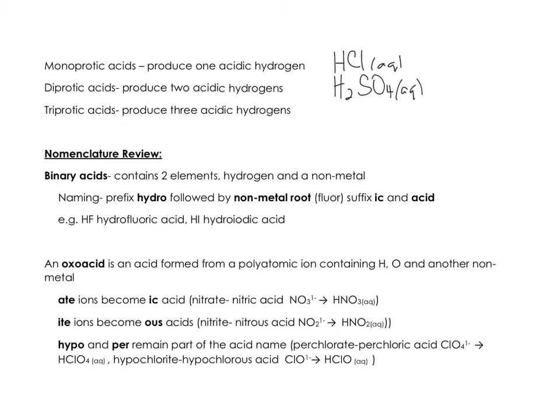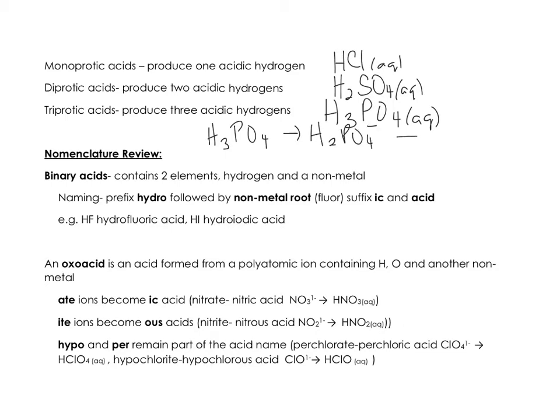Triprotic acids produce 3. An example of this is phosphoric acid. And again, each subsequent acid is weaker.